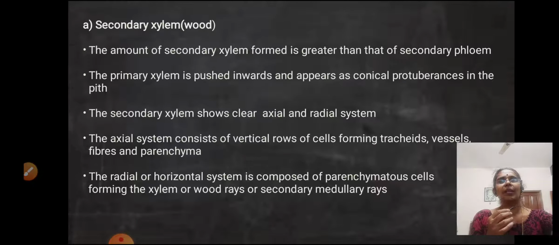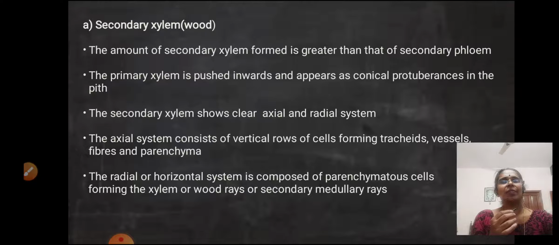Next coming to the secondary xylem, which is also called wood, how is this secondary xylem formed? The amount of secondary xylem formed is greater than that of the secondary phloem. The primary xylem is pushed inwards and appears as conical protuberances in the pith.